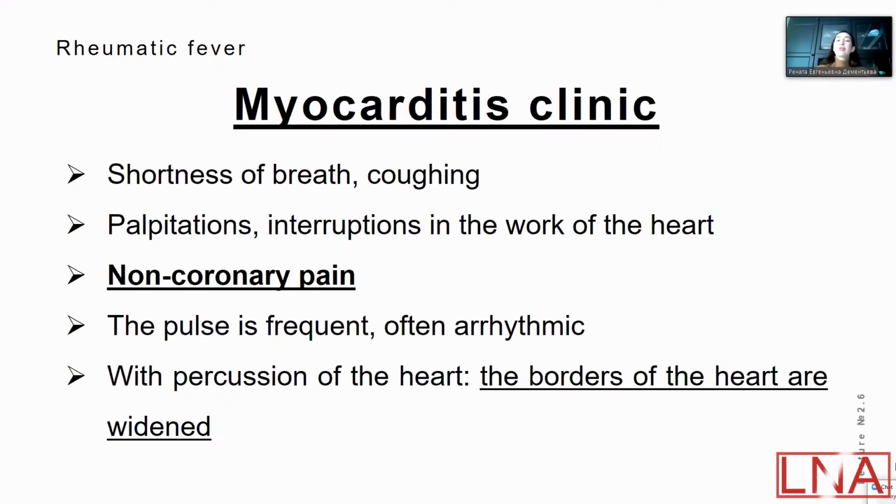Myocarditis clinic: shortness of breath and coughing associated with shortness of breath, palpitation from the side of the heart, interruption in the work of the heart, non-coronary pain inside the chest, with some abnormal localization under the sternum, not associated with physical activity, which cannot be stopped by taking nitroglycerin or nitrates. The pulse is frequent, often arrhythmic, and with percussion of the heart, borders of the heart will be widened.